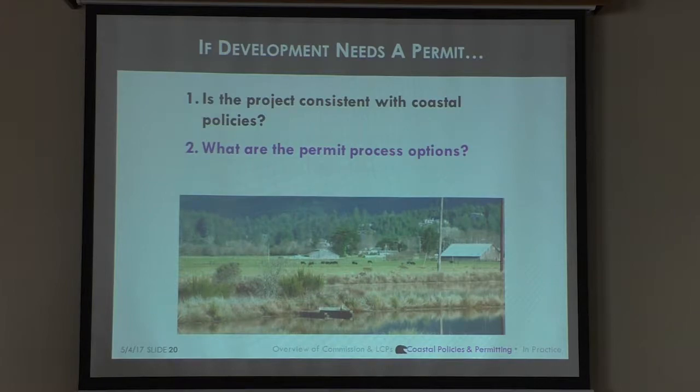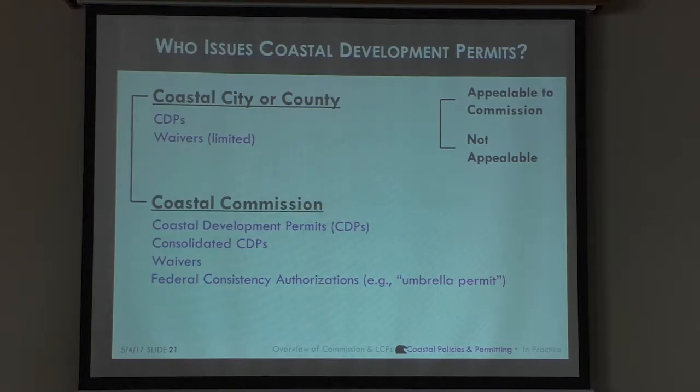So if you're in the coastal zone and you need a permit, what are the permit process options? So first you figure out you have development in the coastal zone. Depending on whose jurisdiction you're in, you'll either go to the local government or to the Coastal Commission for your permit. There are some other avenues besides a coastal development permit that you might be able to take advantage of depending on the type of project.